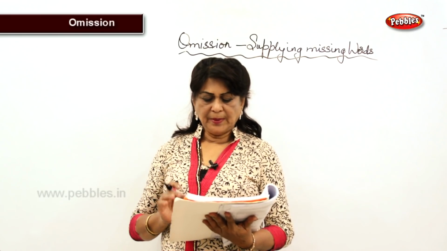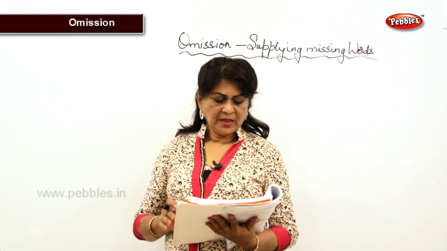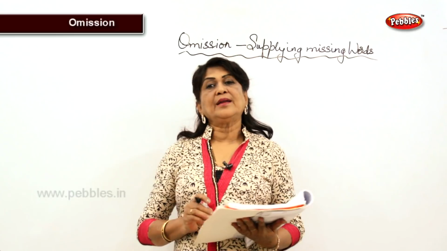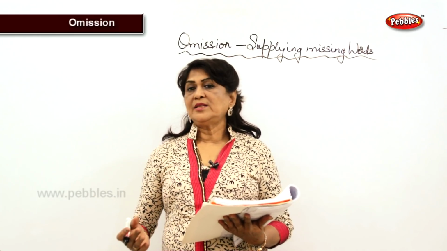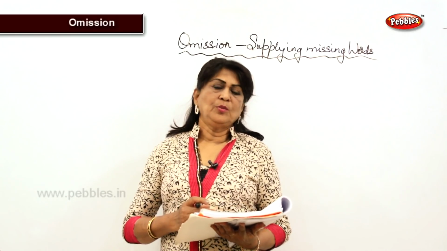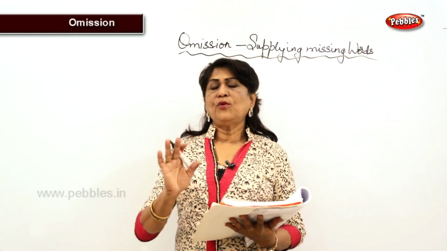For example, if the words are "needs to", you have to write "needs to have". The word supplied as the omitted word is underlined. Each correct answer carries half a mark. Like how we did editing, here also each is half a mark and you get 4 marks.